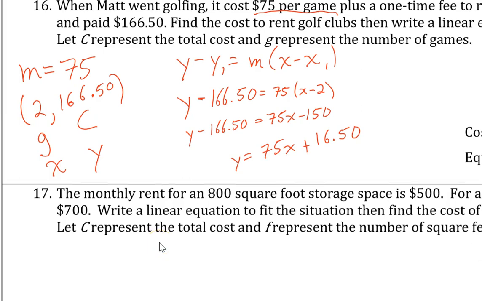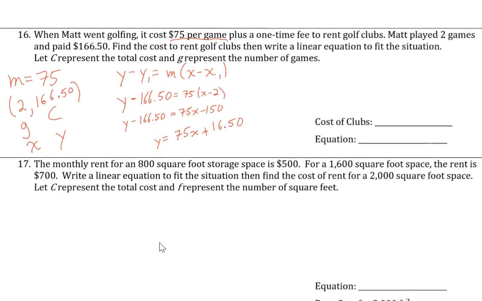There. So that's our equation. Again, we're just going to substitute that C and G for the Y and X, right? So I got C is equal to 75 times the number of games plus 1650. And then we're trying to figure out the cost of clubs. So that's that one-time fee, which is represented by B in this equation. So the cost of clubs is just 1650. So again, knowing that vocab, that one-time fee is representative of B in a linear equation.